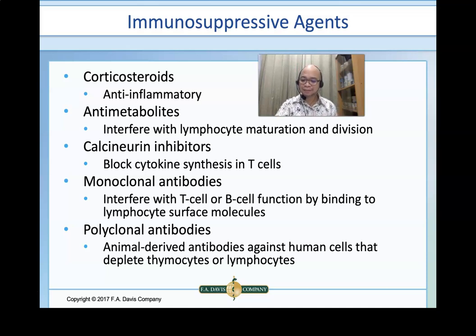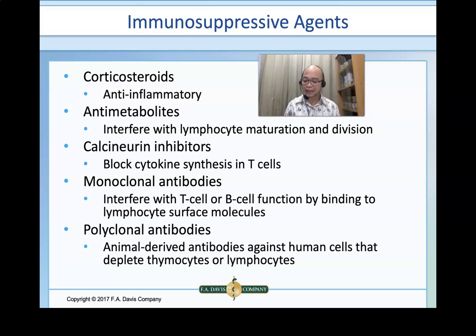So what are examples of corticosteroids? Corticosteroids are potent anti-inflammatory and immunosuppressive drugs. However, long-term use is associated with several complications, including hypertension and diabetes mellitus.